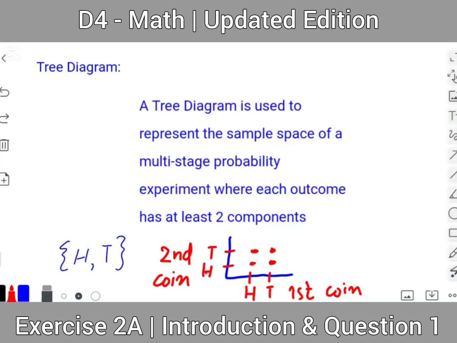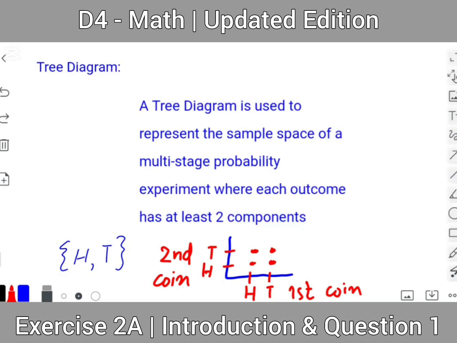To solve this problem, we will study the tree diagram. Since it is difficult to draw a three-dimensional sample space diagram, we have to use a different type of diagram called a tree diagram to represent the sample space. Now we will see the following steps on how to construct a tree diagram.